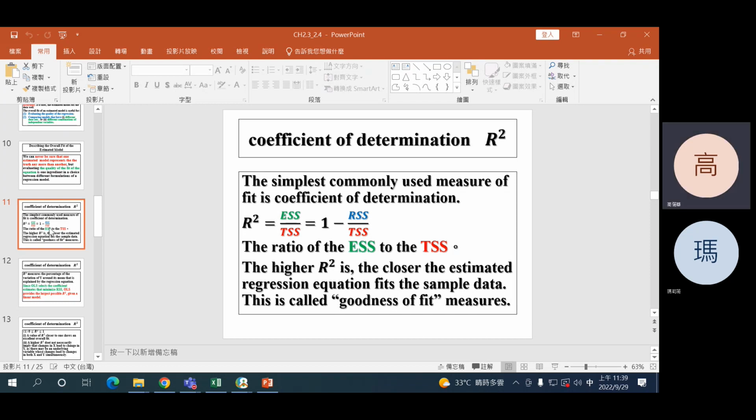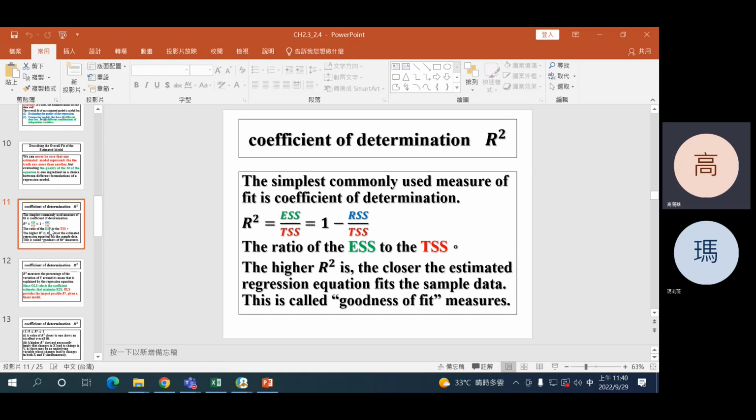Then what is RSS? The residual sum of squares, right? And OLS tries to minimize this. Therefore, for the total TSS, we decompose it into these two, and we try to minimize the RSS. So if R squared is bigger, it tells us the model is better.